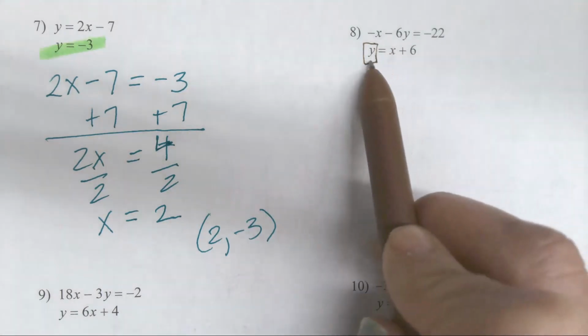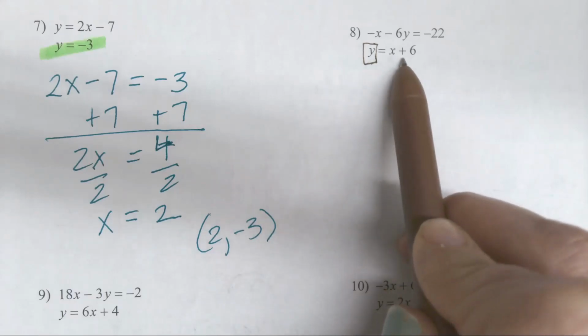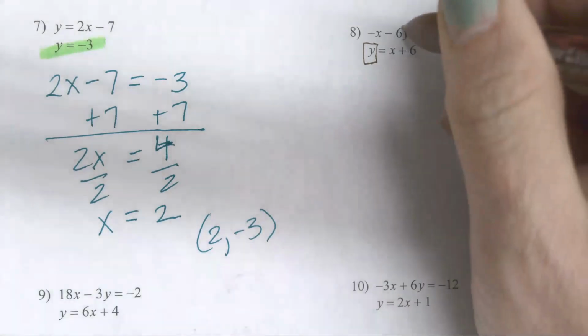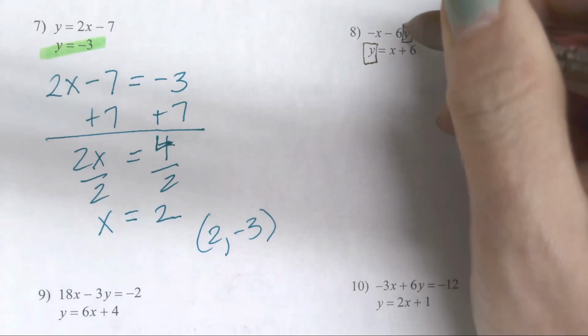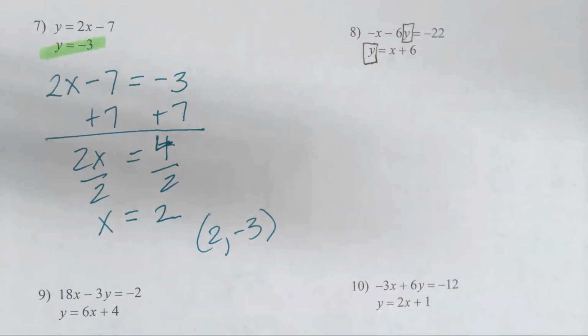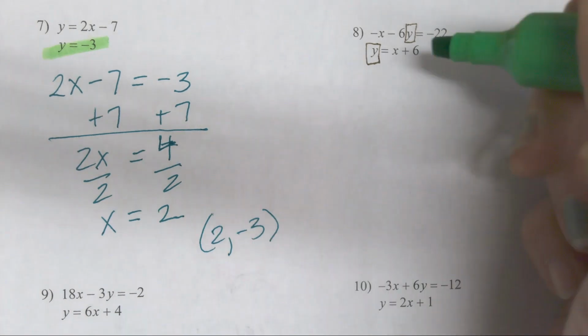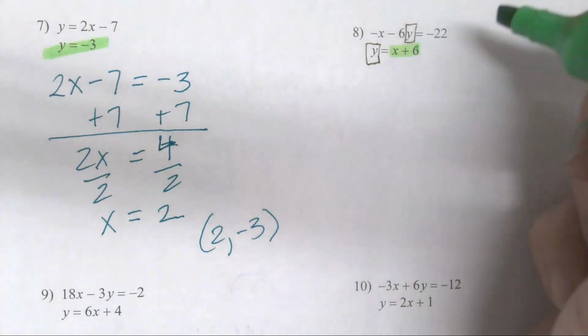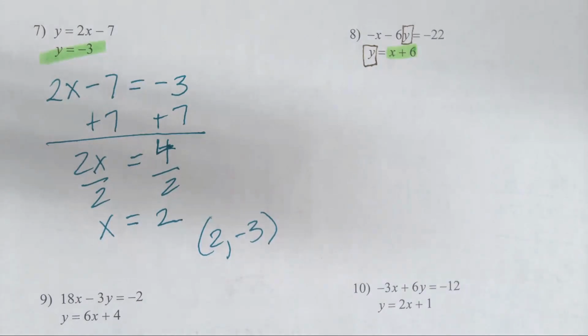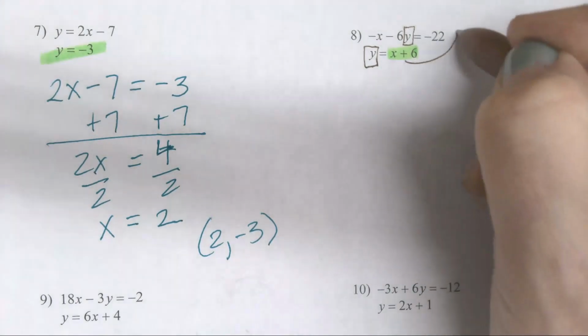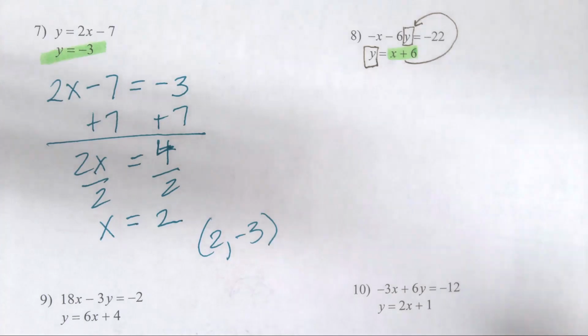Because if y equals x plus 6, then I can replace y up here with x plus 6. So that x plus 6 right here, that y equals, is going to go into the upper equation for y.